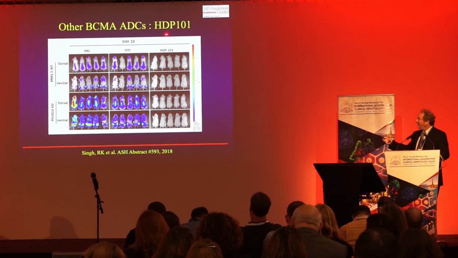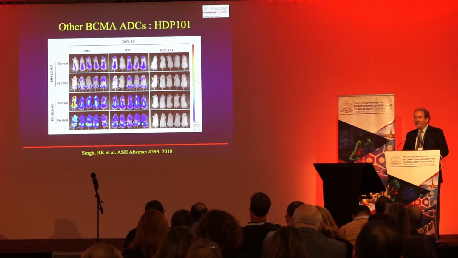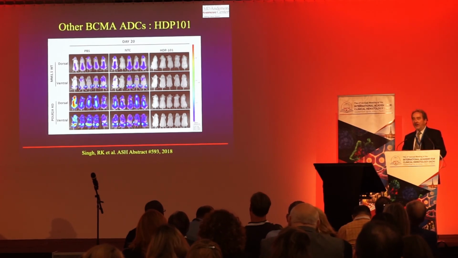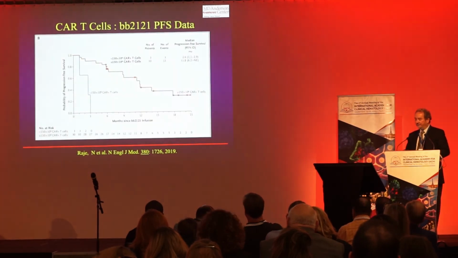This is a BCMA antibody conjugated to amanitin, and you can see in mice a single dose of this drug is enough to get you a complete remission, and we followed these mice out to 200 days. Usually if they don't relapse within 100 days, it's considered a quote-unquote cure, and even at 200 or more days they're cured. So we would love it if the same thing happens in patients as well.